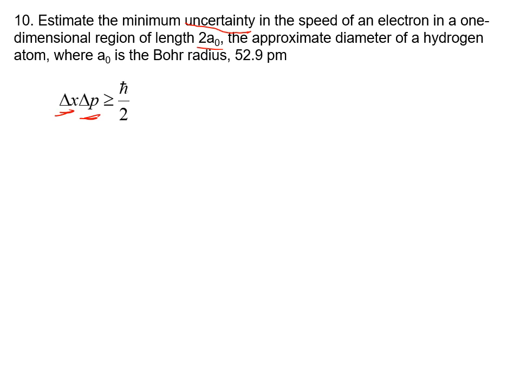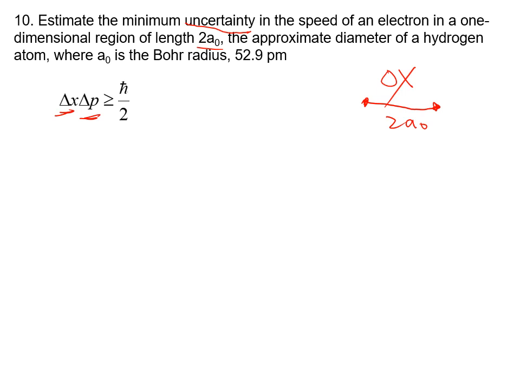So in this question, you have an electron in a 1D range 2a0. This is the length, and we know the electron is inside this range, but we don't know where it is. So this is delta x, the uncertainty of the position.